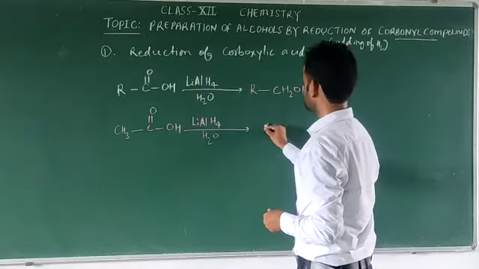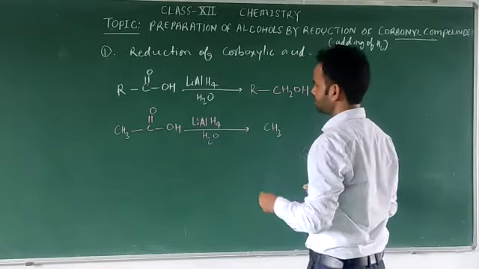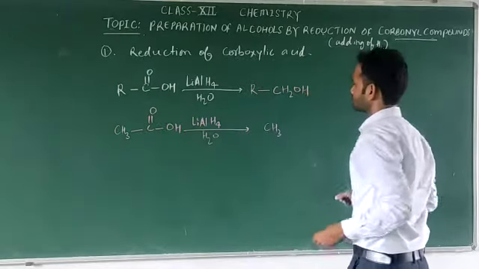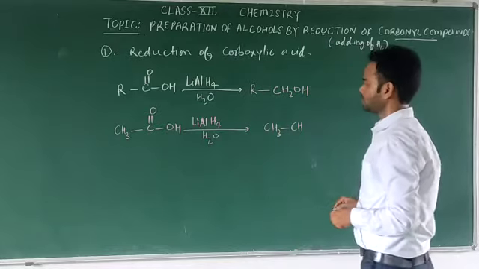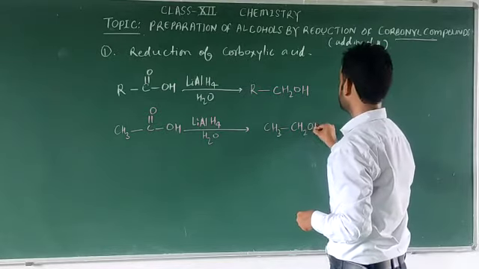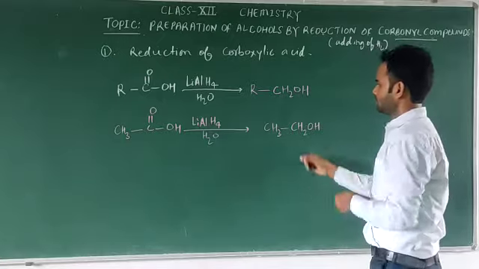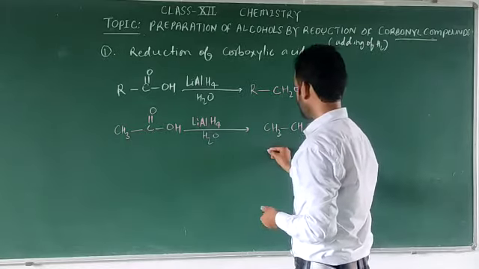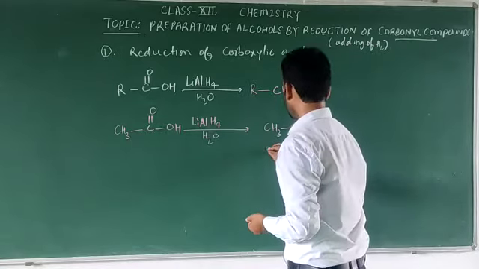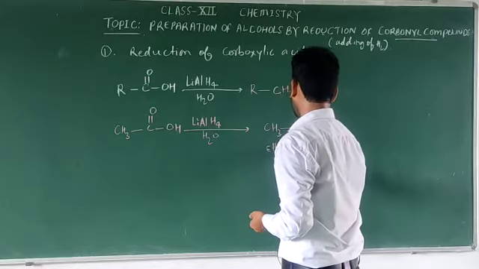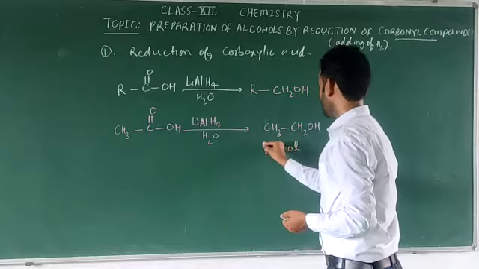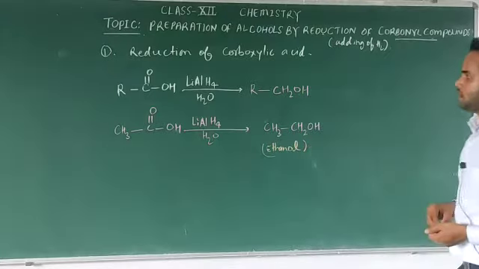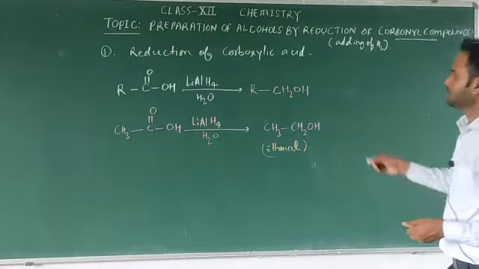We'll get CH3 after replacing this oxygen along with this double bond and adding two hydrogens here, then we can get CH2OH. So what we got here? We got ethanol, meth and eth. So we got ethanol here after the reduction of carboxylic acid.